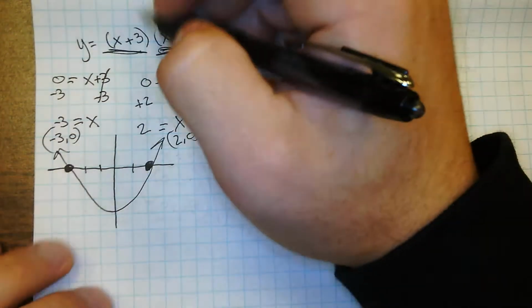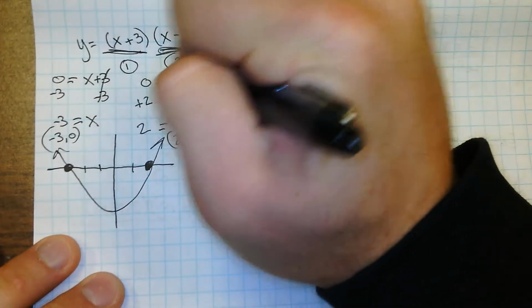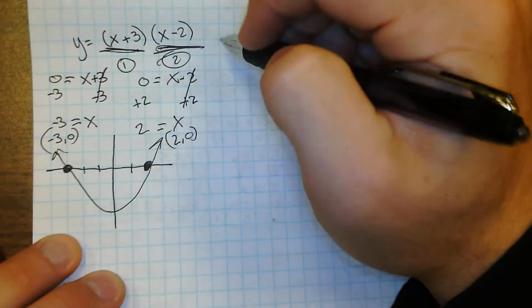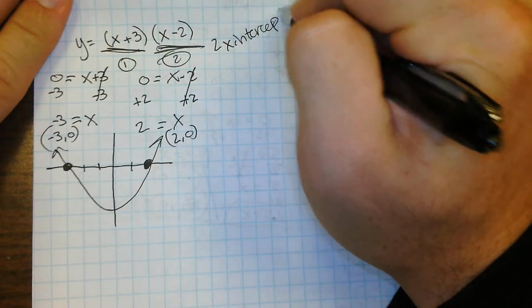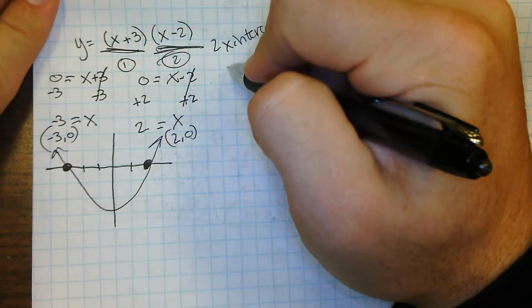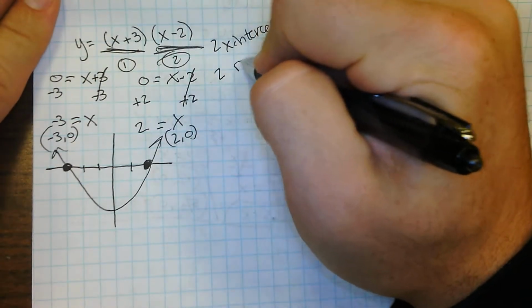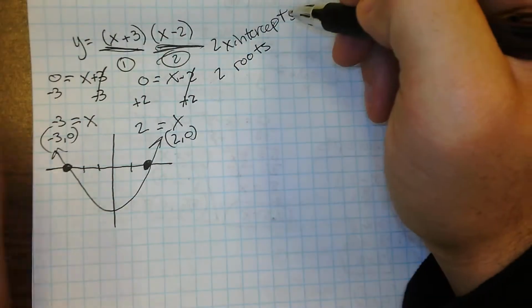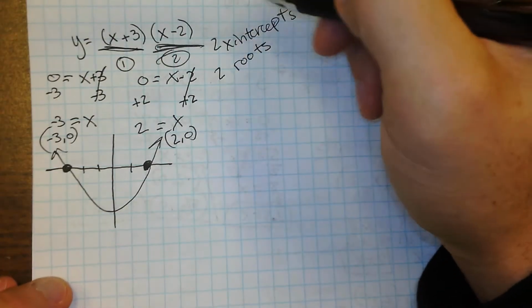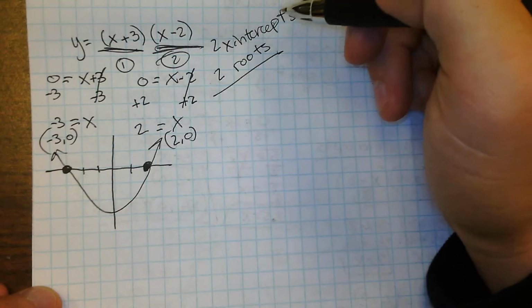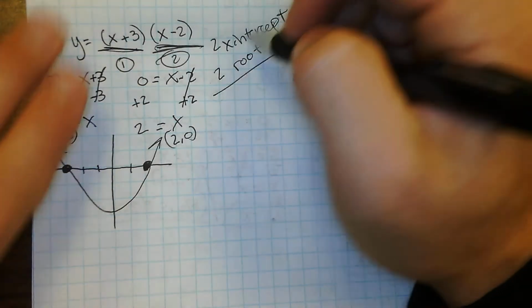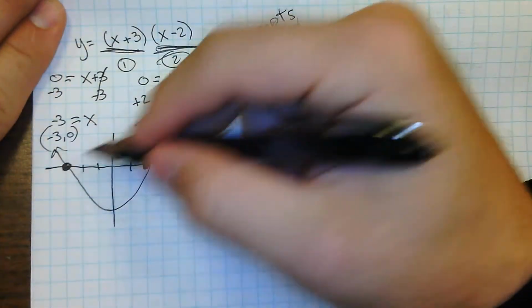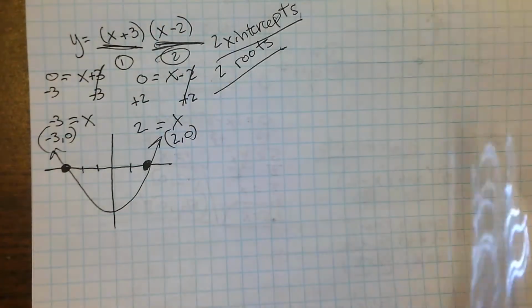Because we have two factors, first factor, second factor, there's going to be two x-intercepts, okay? There's also going to be two roots, okay? Roots are the value of the x-intercept, while the x-intercepts are the ones you see on the graph.